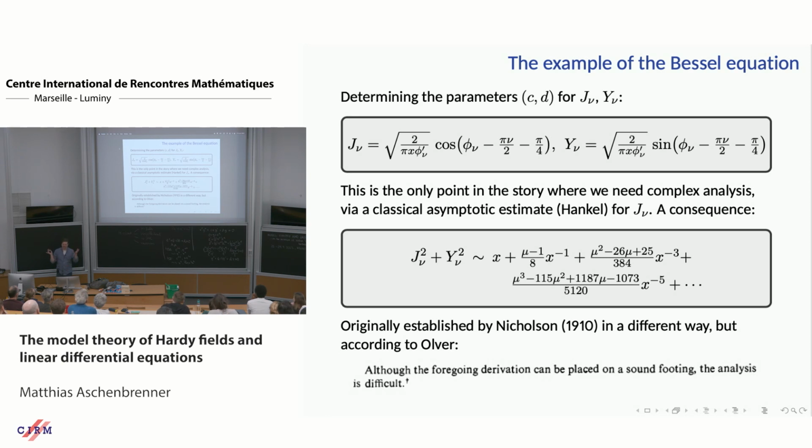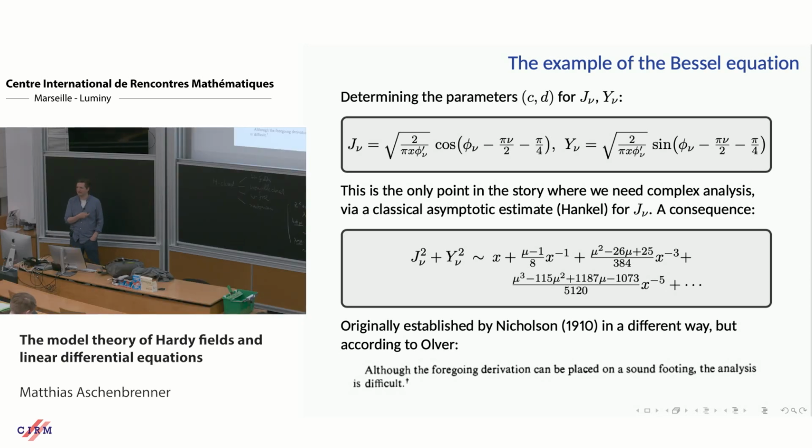In the classical book of Watson, this takes, I don't know, 10 pages. It's quite a long argument. And in Olver's book on special functions, he sketches this argument and says that it's difficult. But with our tricks, as I said, it's just immediate. So this is kind of nice.